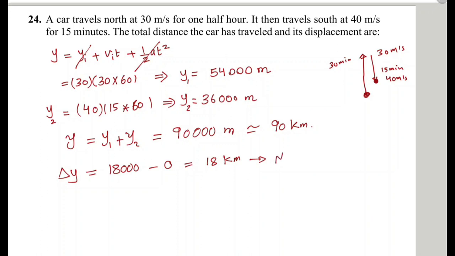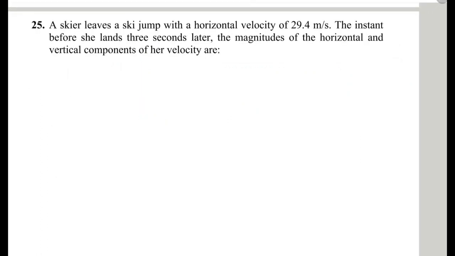A skier leaves a jump with horizontal velocity of 29.4 meters per second. The instant before she lands, 3 seconds later, the magnitudes of the horizontal and vertical components of her velocity are. So we need to calculate the magnitude of the horizontal and vertical components of her velocity.